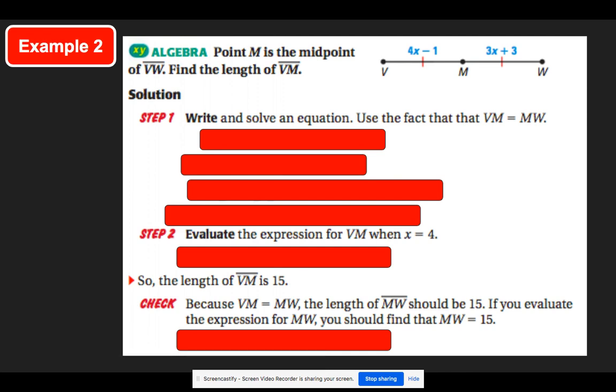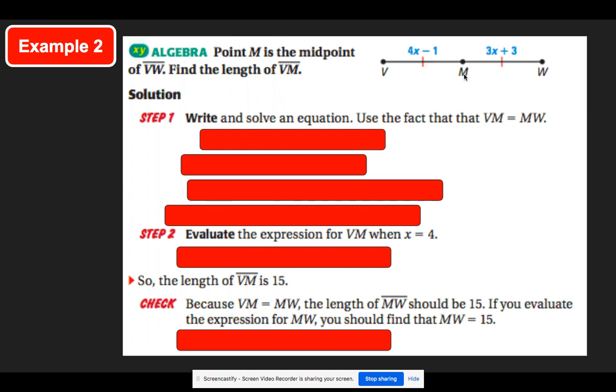All right, now let's throw a little algebra on it. This problem says point M is the midpoint of VW. Find the length of VM. So just this length. In order to find this length, I need to know what x is.